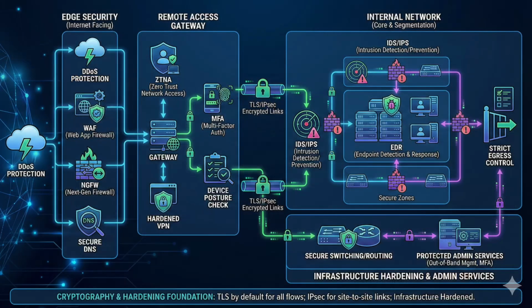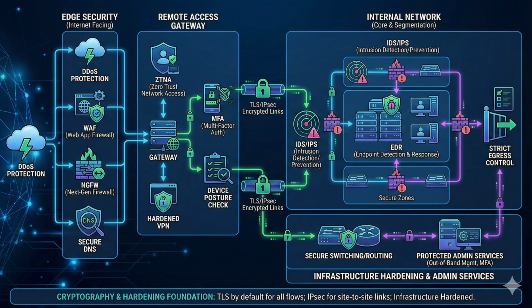With zones defined, we choose controls to enforce the policy and reduce risk. At the edge, typical controls include DDoS protection, a web application firewall for HTTP apps, next-generation firewalls for rule enforcement, and secure DNS filtering.